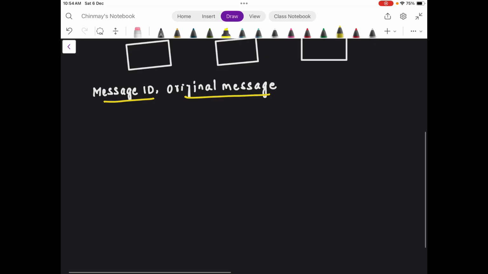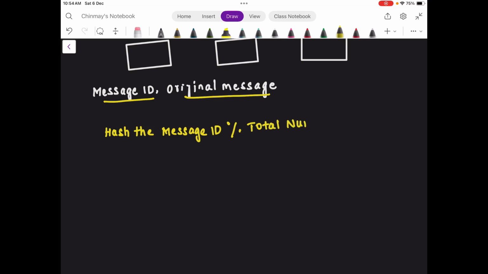Generally what we need to do is hash the message ID and take the modulus of the total number of nodes.